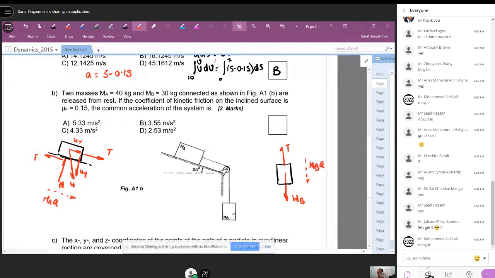Apply the equation of motion in these two cases. You will get two equations, two unknowns, the tension and the common acceleration. Solve the two equations to find the common acceleration. You will get 5.33 meters per second squared. A is the answer. Any question?